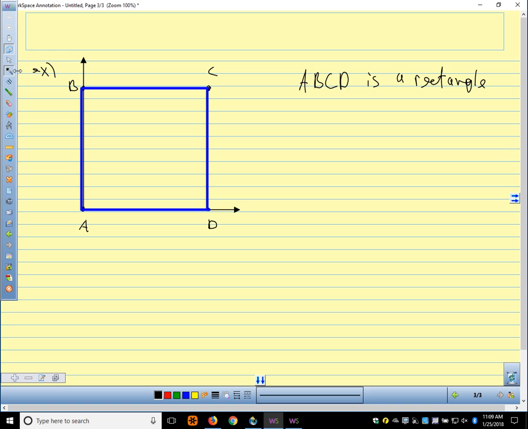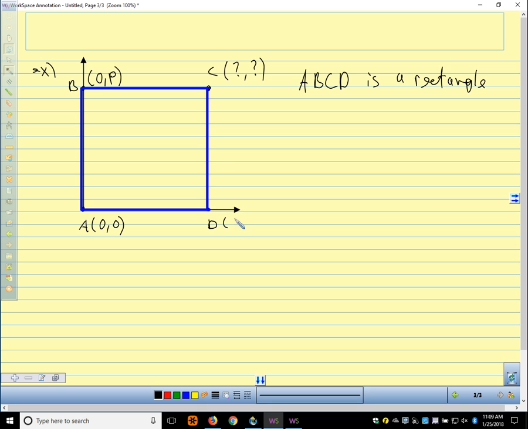And we know that A is at 0, 0. B is at 0, P, some number P. C is at question mark, question mark.